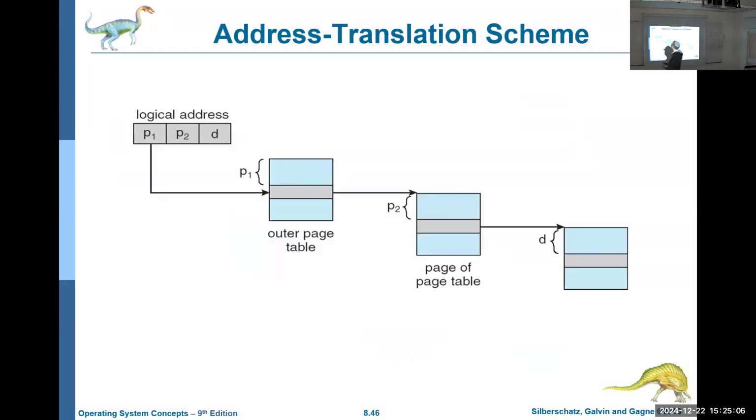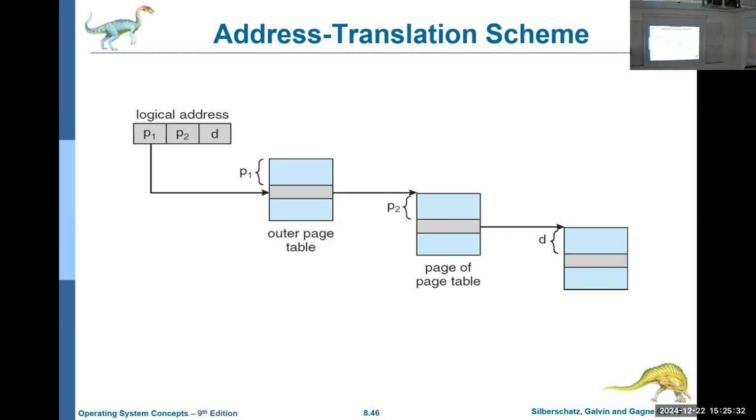What used to be my F, or sorry, my P, is now got two parts, P1 and P2. But the D is still the D, and the P now has two parts. The first part of the P tells me which row in the outer page table to go to. And like I said, if it's 0, 0, 0, 0, it's going to be the same as 0, 0, 0, 1. Why?